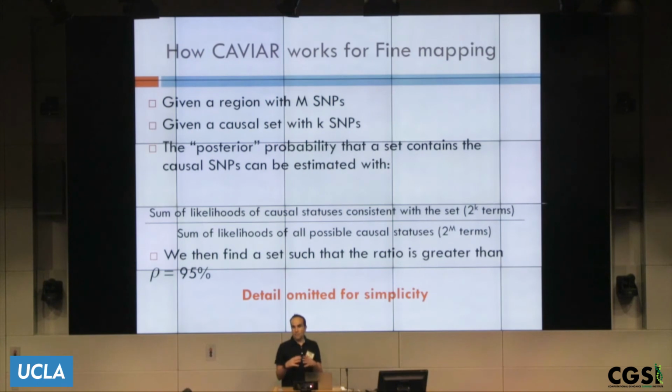And that really says your causal SNPs are inside that set K. You can compute this for every possible set of K, and if you find one that satisfies this, then you have pretty good confidence that these are the right SNPs.